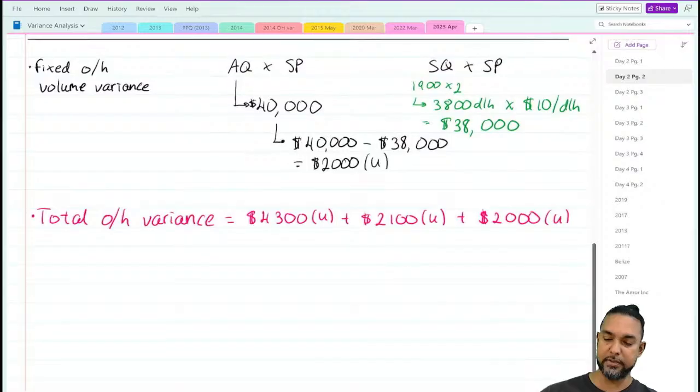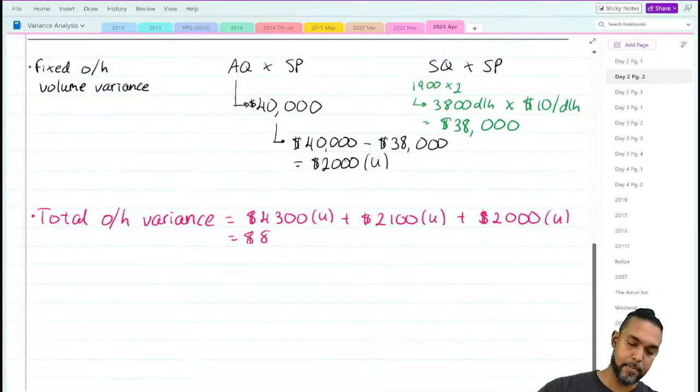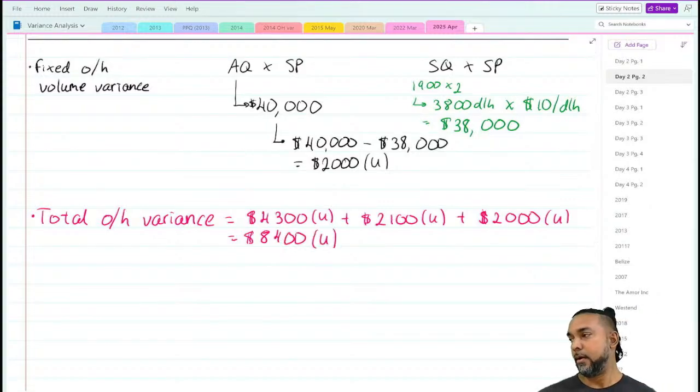Right, so that's 41, and that's 8,400 unfavorable. All right, cool.